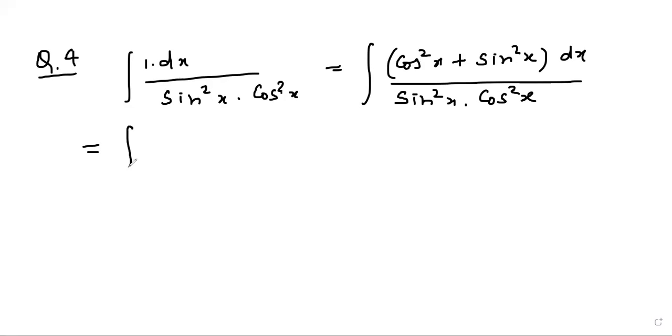We divide separately, so it will become 1 upon sine square x, because cos square x will cancel out, and this will become 1 upon cos square x dx.